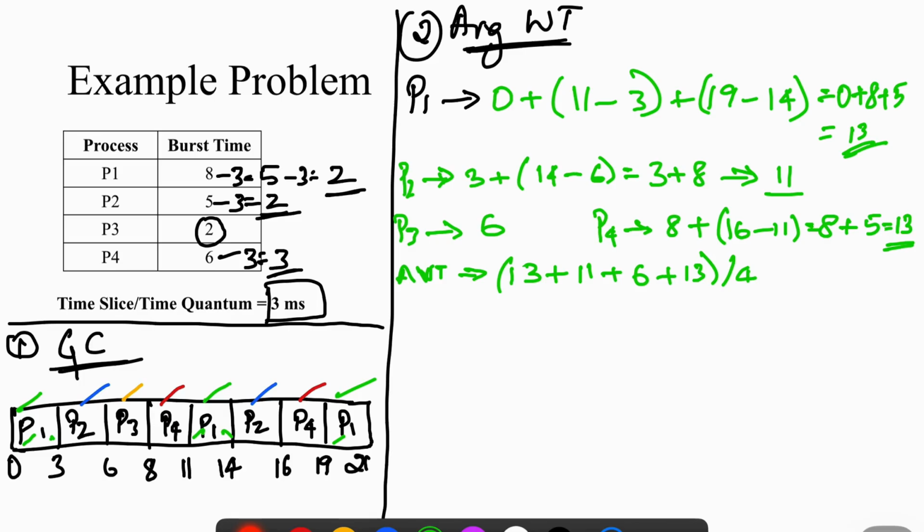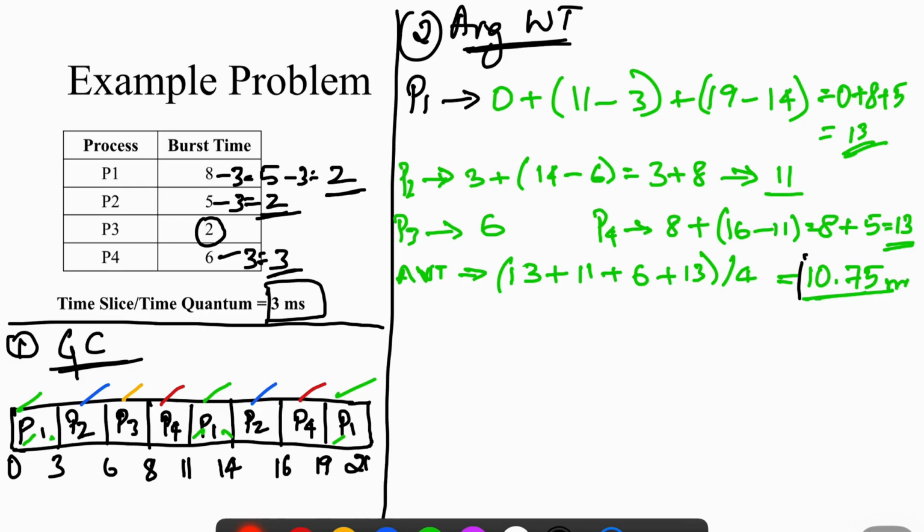Now what is this 4? 4 is the total number of processes that we have. So this becomes 13 plus 11 plus 6 plus 13, that is 43, divided by 4, which becomes 10.75 milliseconds as the average waiting time that we have.